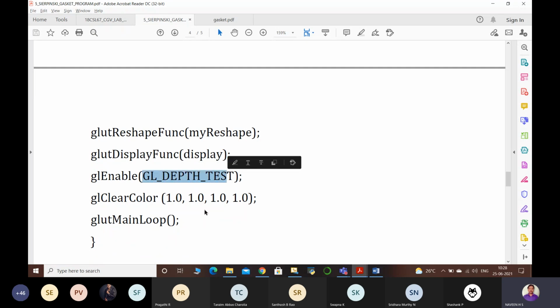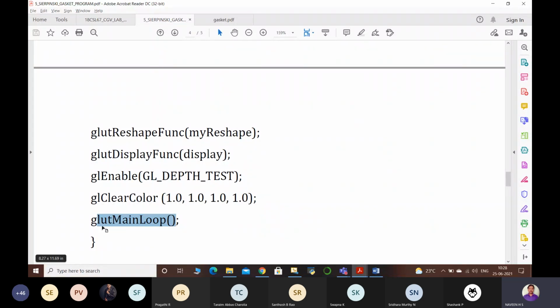GL_DEPTH_TEST enables the depth information in order to view the hidden surfaces of the object. It is going to test that. Next, clear color just clears the screen, and glutMainLoop. All this process will be running one after the other.